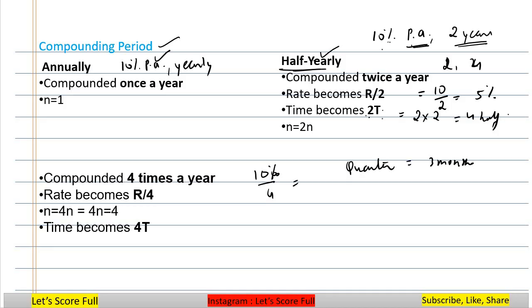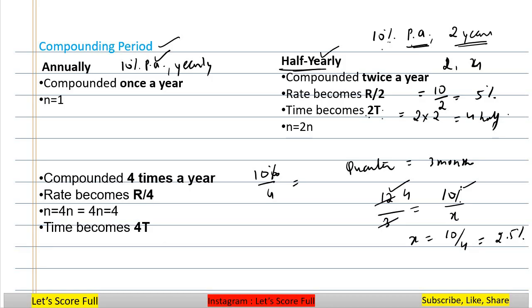If for 12 months it is 10%, then for 3 months, how much? We have done ratio and proportion in the first exercise of this chapter. For 12 months it is 10%, for 3 months it is X. Use direct proportion. So X equals 10 divided by 4, which is 2.5%. This way you can solve.